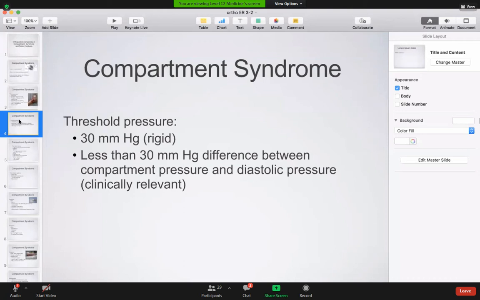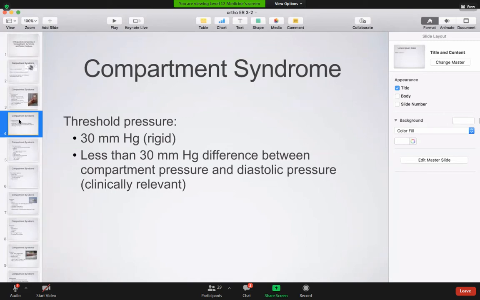So how to diagnose compartment syndrome? You have to understand what's the normal intracompartmental pressure and what's abnormal. If you have an absolute intracompartmental pressure of 30 or more, that's an indication that the patient might be having compartment syndrome.